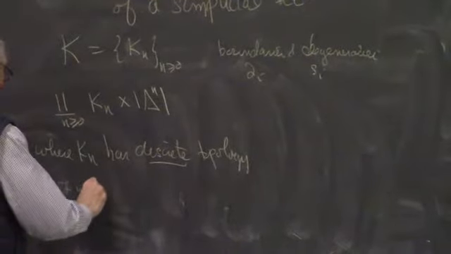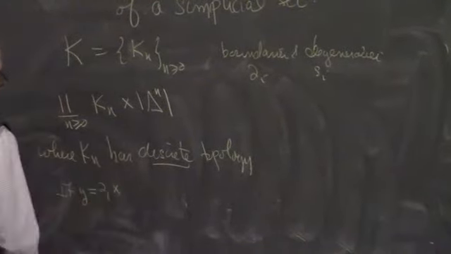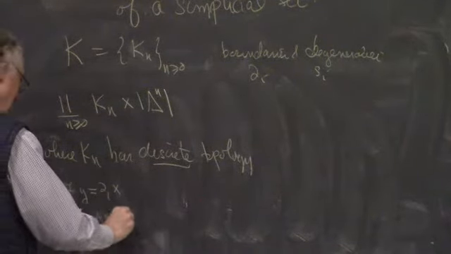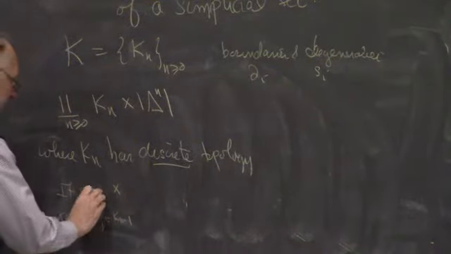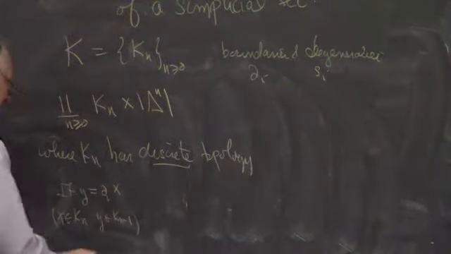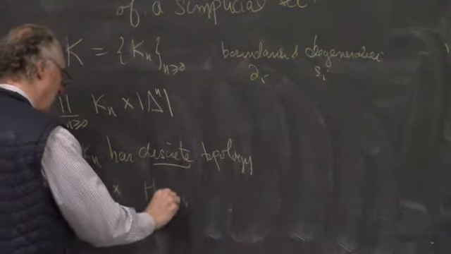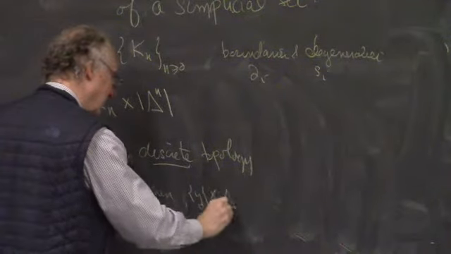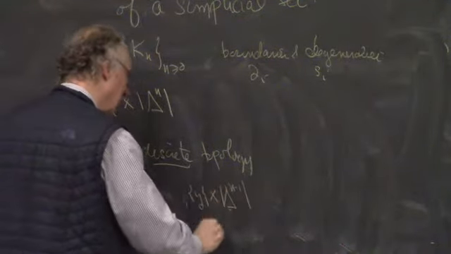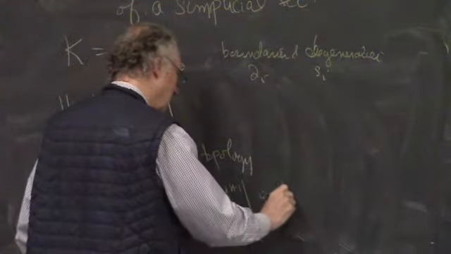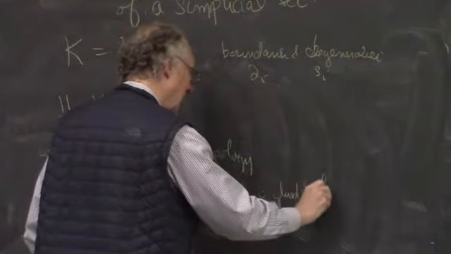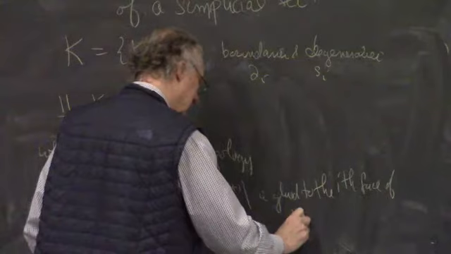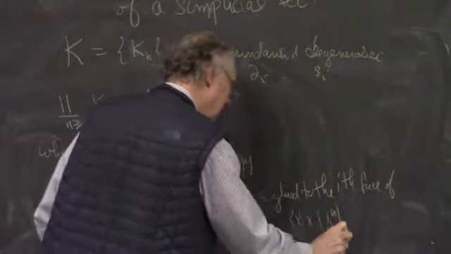If y is delta I of x, so here x is in K_n, and y is in K_{n-1}, then y, which is an element in K_{n-1}, cross delta n minus 1 is glued to the I face of x cross delta n.